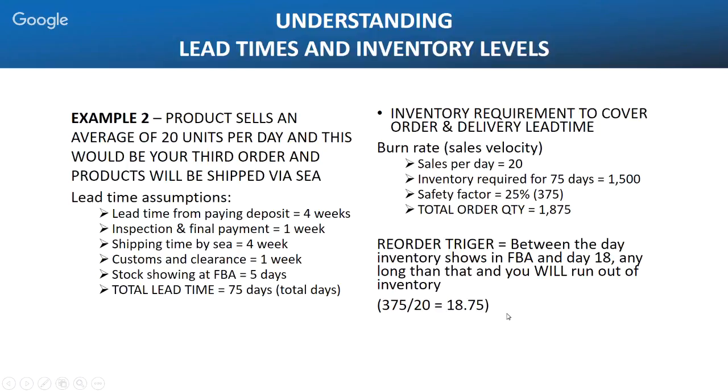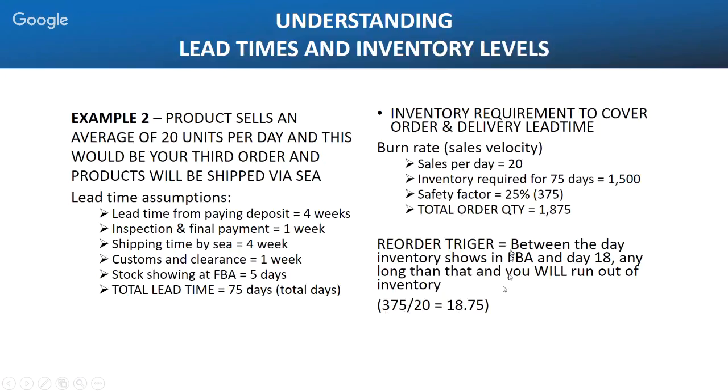So you need to be ordering products anywhere between 0 and 18 days, because you've got 75 days for lead time. And if you leave it until you get to that 1,500, you're going to be in trouble. This is why we got that safety factor in there. Okay, so that safety factor is our trigger point. Does it make sense?